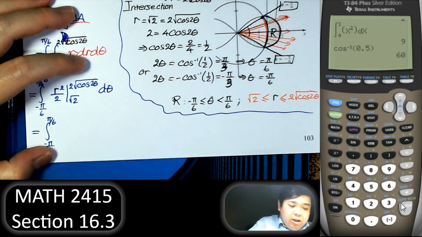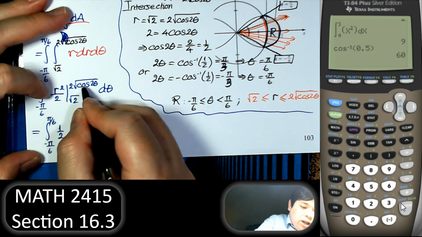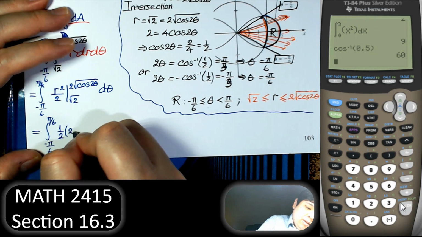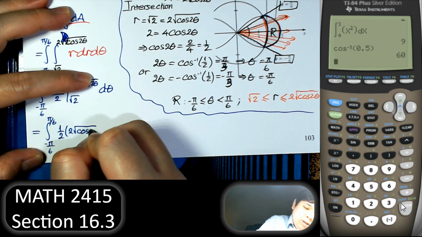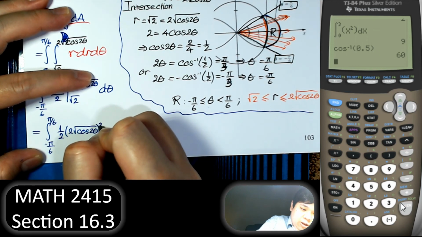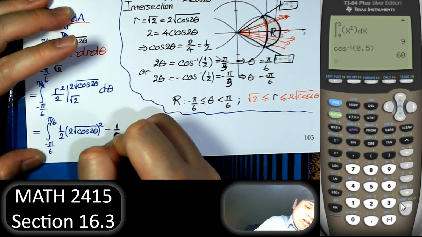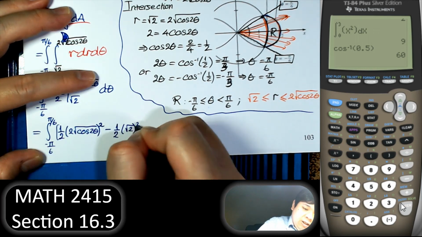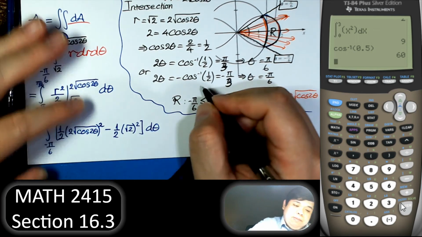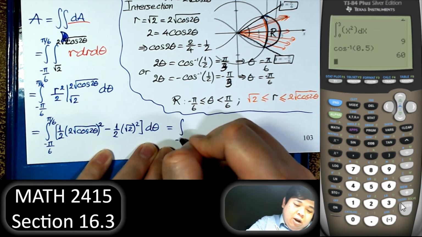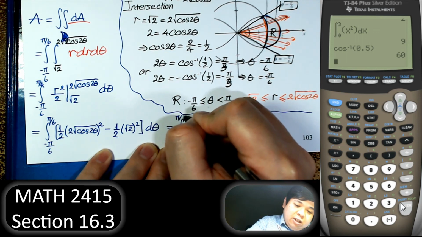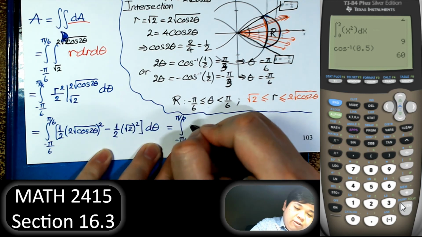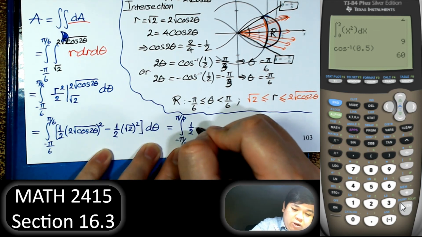So we have 1/2 r squared. I'm going to put this in first for r, and then subtract, put square root of 2 in there. Right, now negative pi over 6 to pi over 6. We have 1/2. 2 squared is 4.